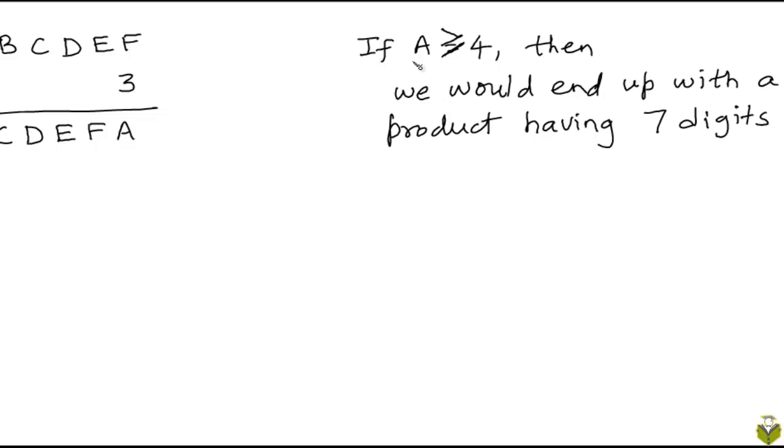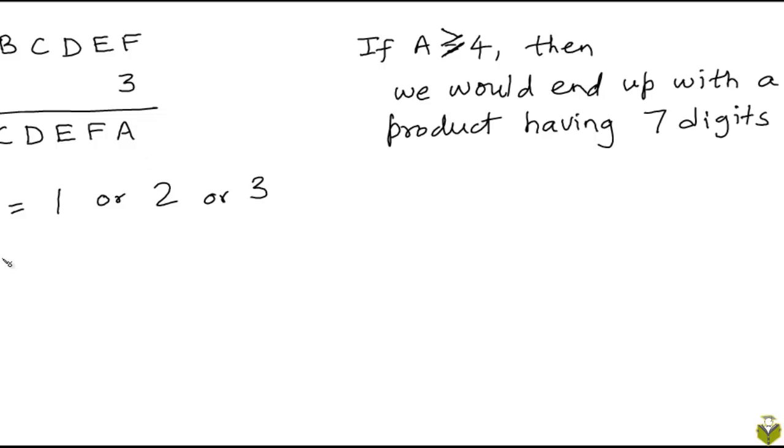So this allows us to restrict the values that letter A can represent to 1 or 2 or 3. A cannot be a 0 because we cannot have leading zeros in our numbers. So there are 3 possible values that A can take.